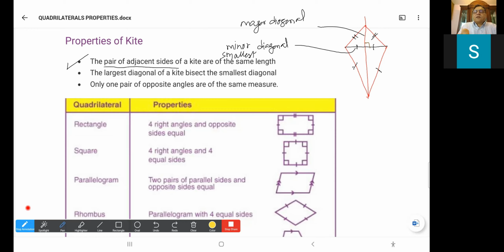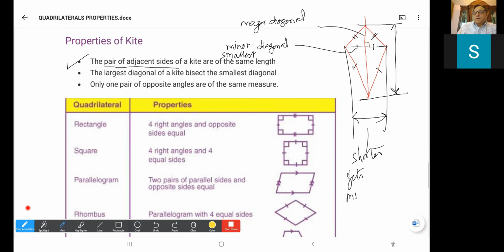Which is the largest and which is the smallest? In this case, this is longer, right? And this is shorter, correct? So the shorter gets bisected. How? It means this is equal. Do you see these two sides are equal when they bisect? Bisect means same length.